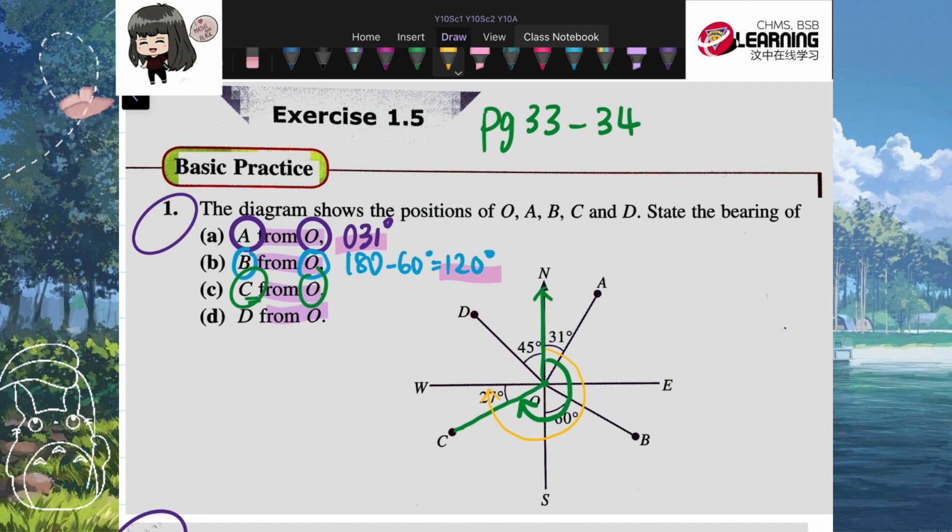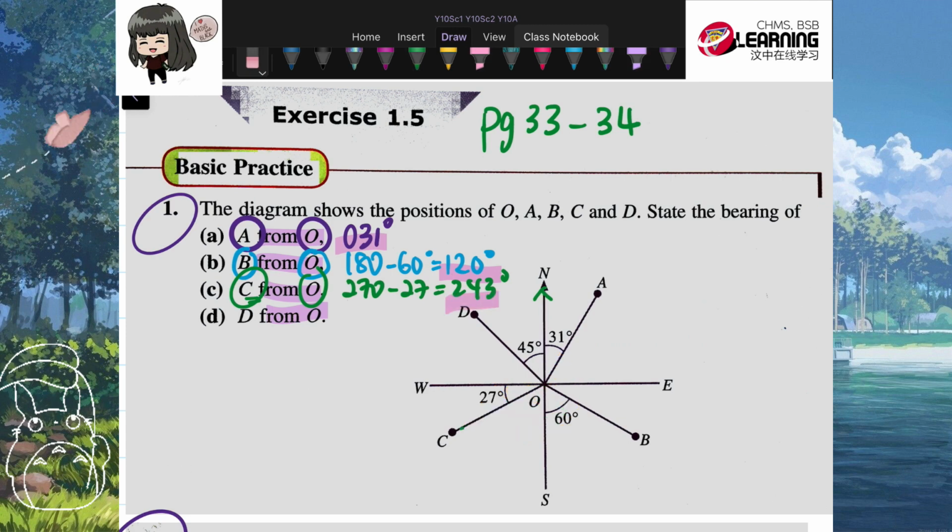Okay, so 270, you minus this 27, you will get the green one, the bearing. So this is 270 minus 27, you get 243 degrees.